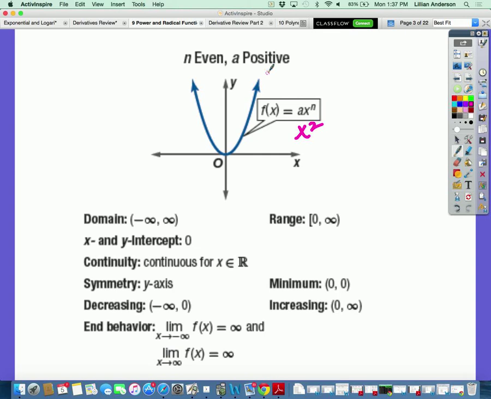So when a is negative, but n is still even, my range is going to end up being what? Careful. It's going to be negative infinity to 0, because if it gets flipped over the x-axis, it now looks like this. So now it's all of my negative y values. So that's from negative infinity to 0. Okay? Does everybody understand that?